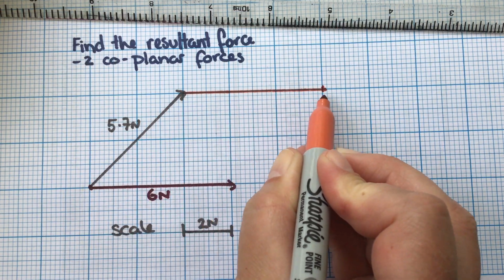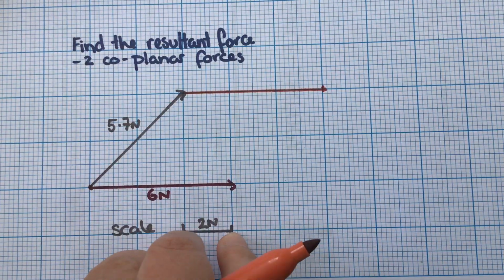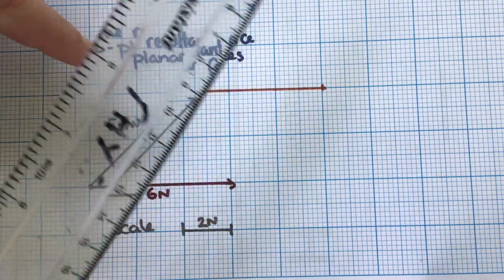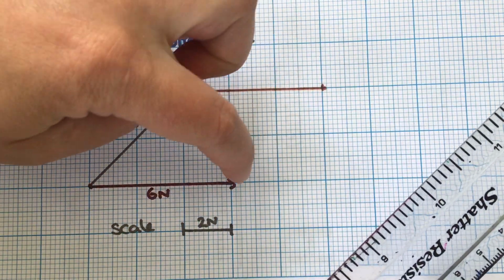So this line is the same length as this vector and they're parallel. And then I'm going to do the same here, so I need a line the same length as this line but parallel, joining these two points.